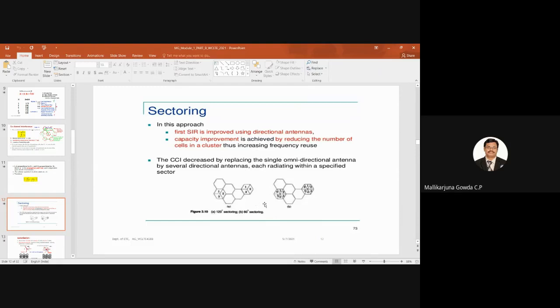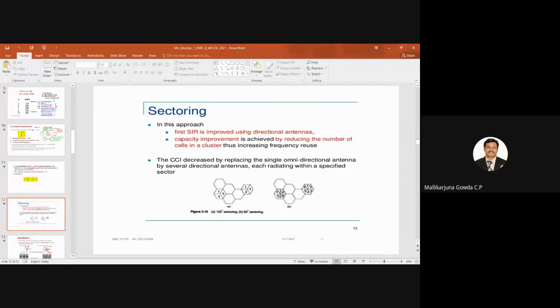Another sectoring is also possible. Instead of dividing one hexagon into 3 sectors, I can divide it into 6 sectors, each of 60 degrees, right? So 60 times 6 is 360 degrees. That is why here I have shown 6 sectors. But there are challenges here. As I already said, the coverage area of a sector is small.